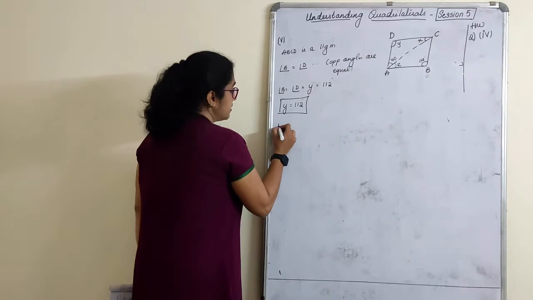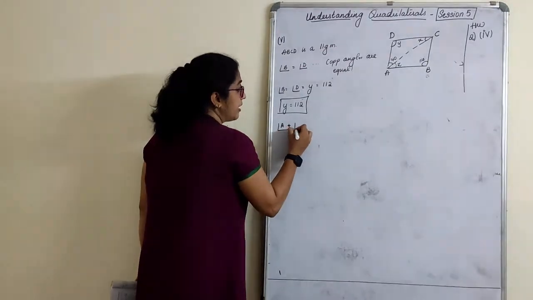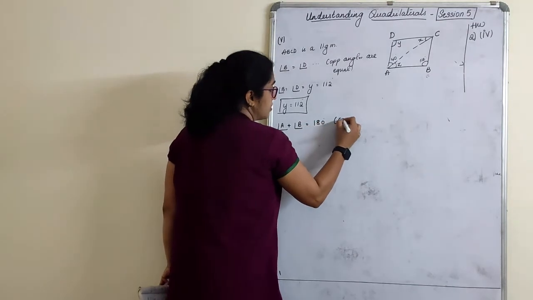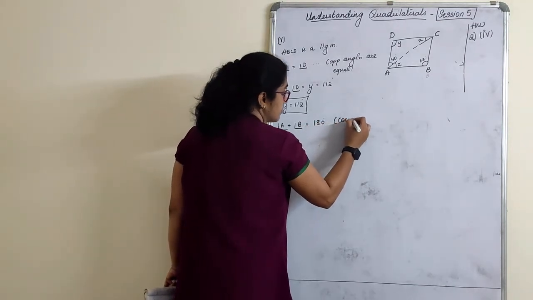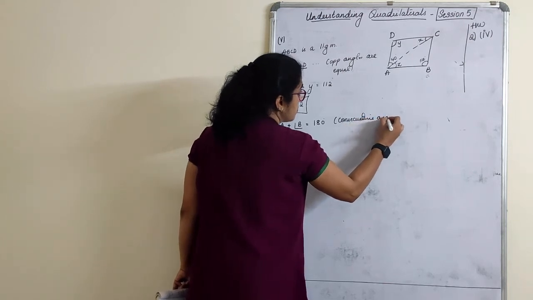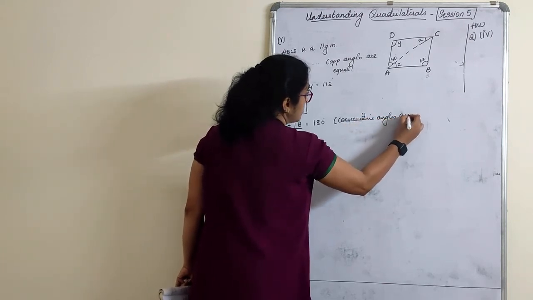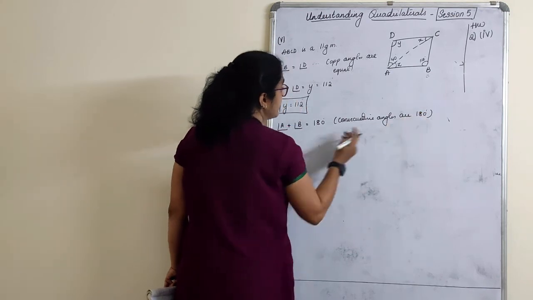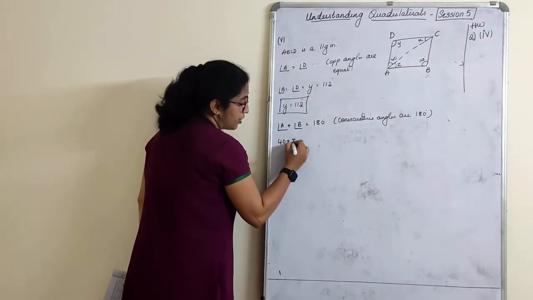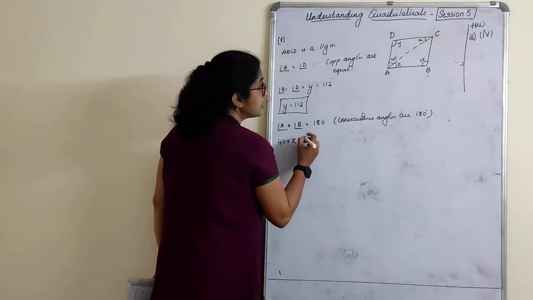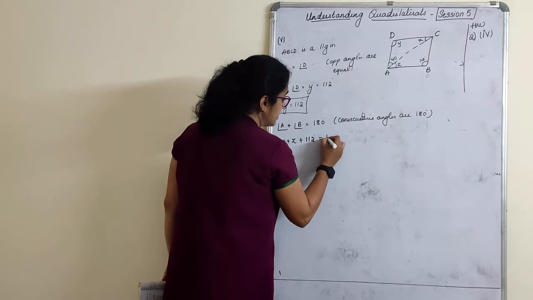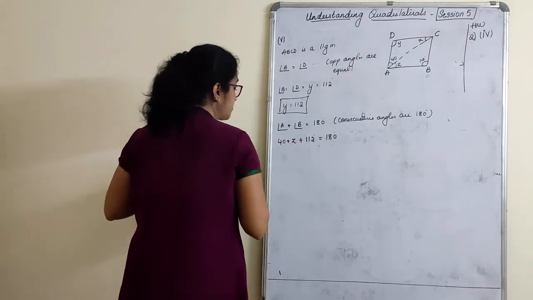Okay. Next, I will tell angle A plus angle B is equal to 180. Why? Consecutive angles are supplementary, that is 180. How do we write angle A? Angle A is written as 40 plus Z plus angle B is written as 112 is equal to 180.